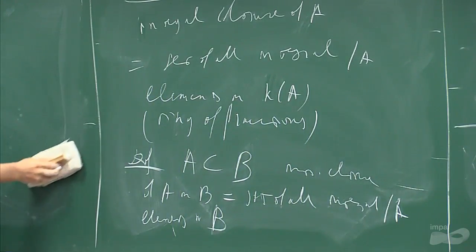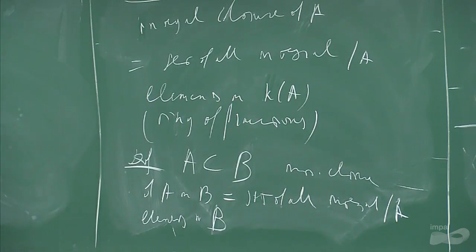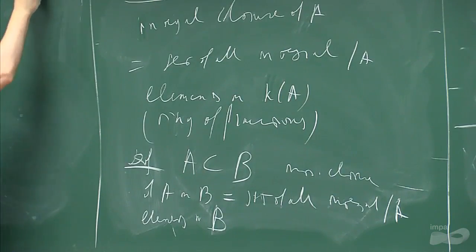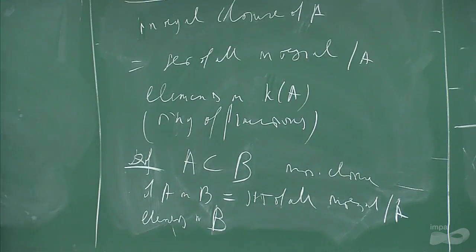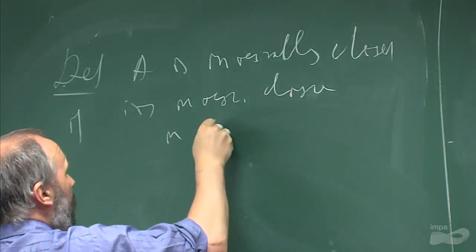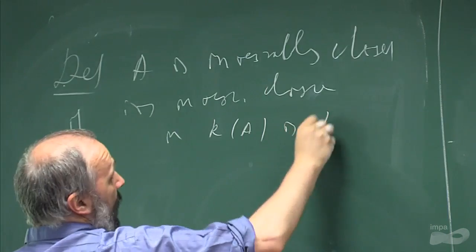Okay, now a definition. A is integrally closed if its integral closure in K(A) is A. Integrally closed is one which coincides with the integral closure.